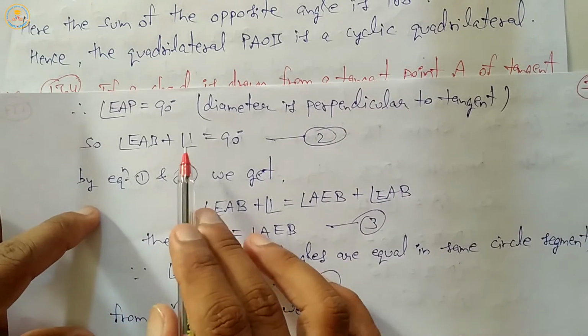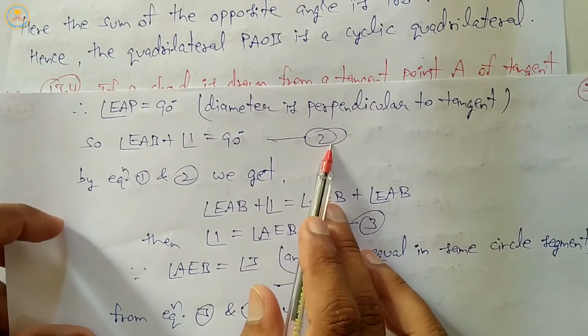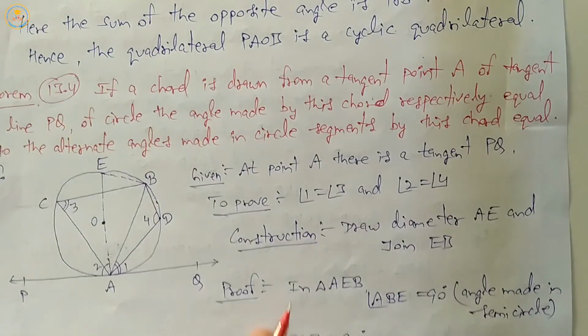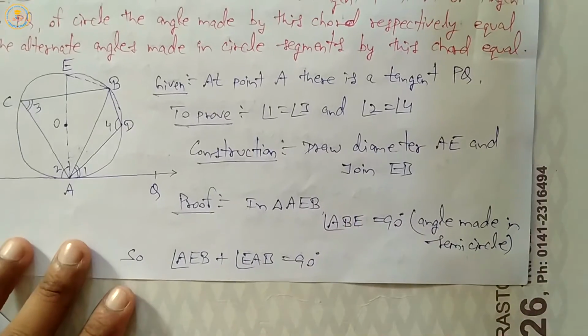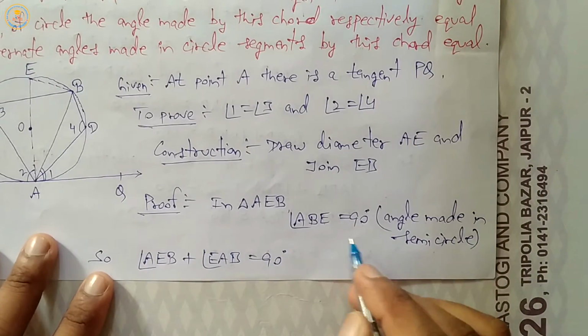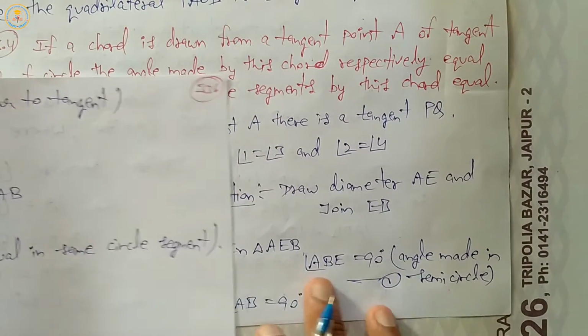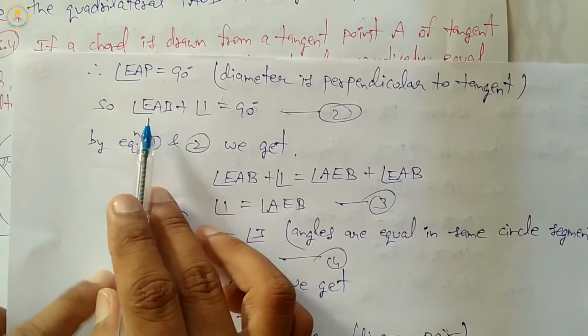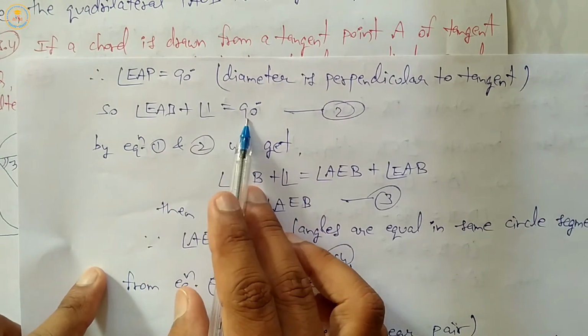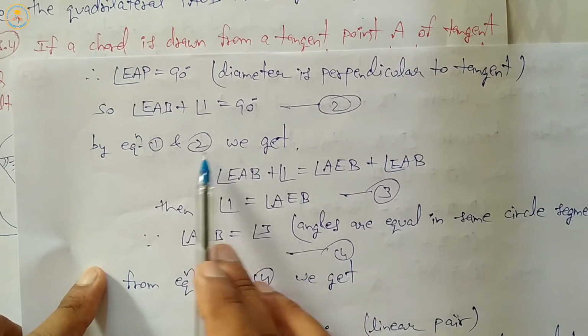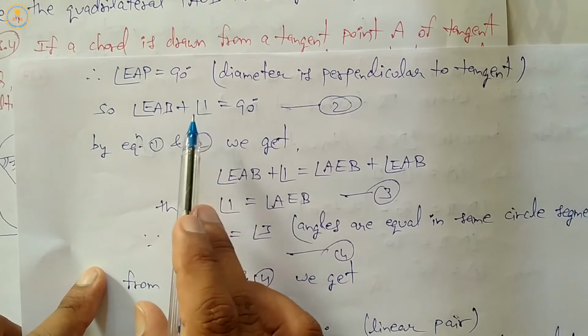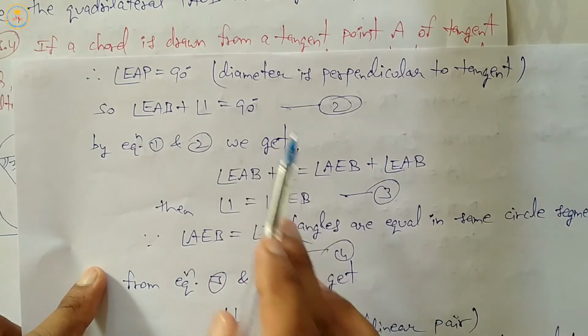So EAB plus 1 equal 90 degree, equation second. Now by equation first and second we get EAB plus 1 equal AEB plus EAB.